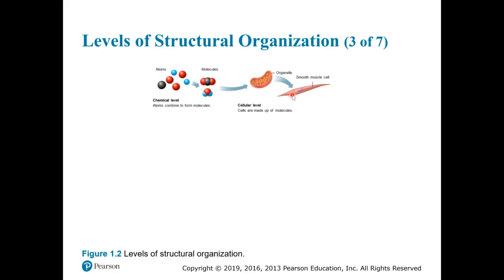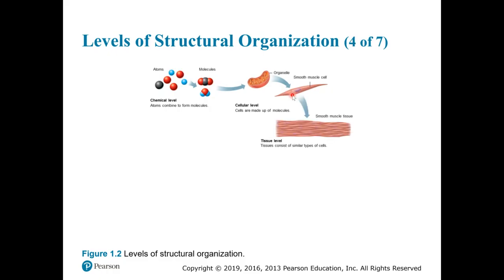We're a long way from talking about muscle cells. Here's smooth muscle tissue, a bunch of cells put together. Where do we find smooth muscle? In a lot of places inside the body. It usually lines the hollow organs of the body, like the urinary bladder or the digestive system. The muscles of the urinary bladder help us void the bladder of its urine. The smooth muscle tissue of the digestive system moves food through the digestive tract.